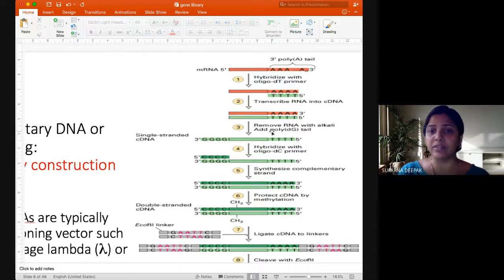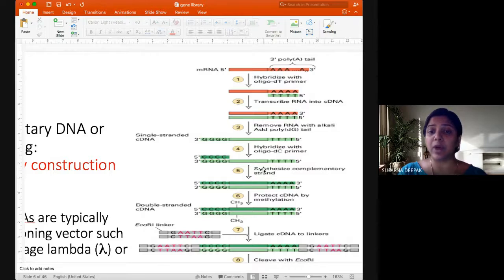So the green one is there. Then you will remove this red colored mRNA using alkali treatment, and only this DNA, the cDNA, is kept. Then a poly G tail is added, as you can see over here.